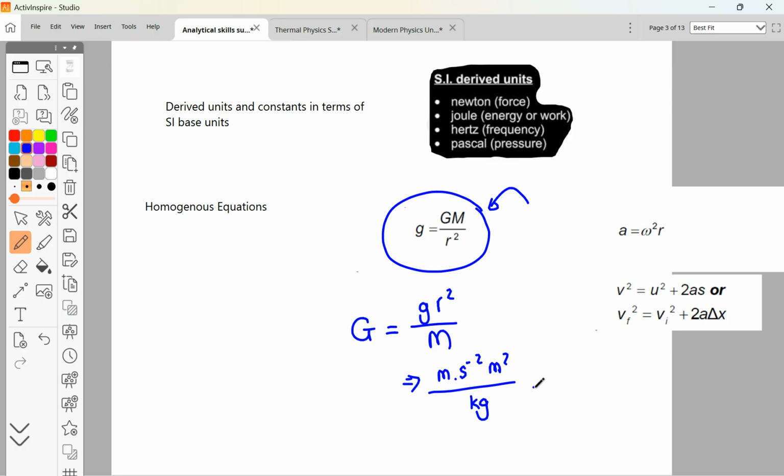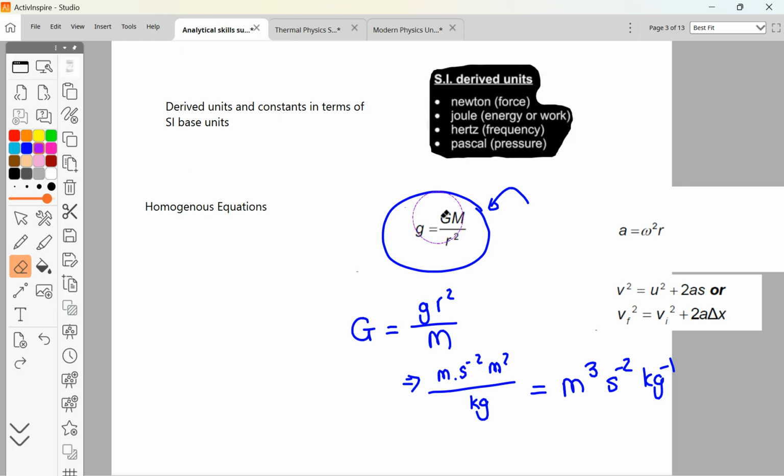And now we can simplify that into, now you'll see the meters is actually going to become to the power of 3. I would still put the kilograms in the front, but it's got a negative power now, so it doesn't matter if you put it at the end. Seconds to the -2, and then kilograms to the -1. We normally put the positive powers first and then the negative powers, the rule of thumb.